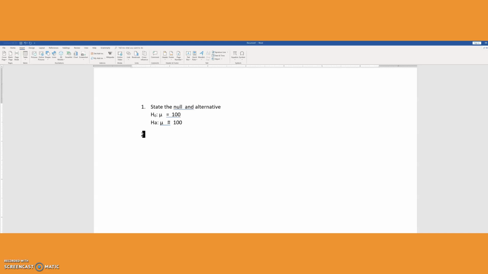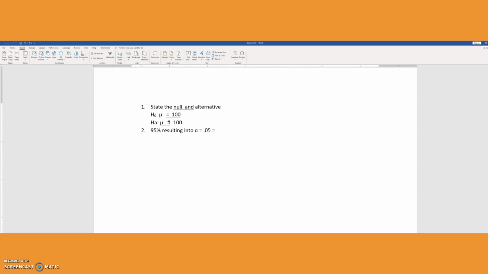Second step, we're going to determine the alpha. Nothing was mentioned about the confidence level, so I'm going to assume it's 95%, resulting in an alpha of 5%. I'm going to use that symbol here for alpha as 0.05.